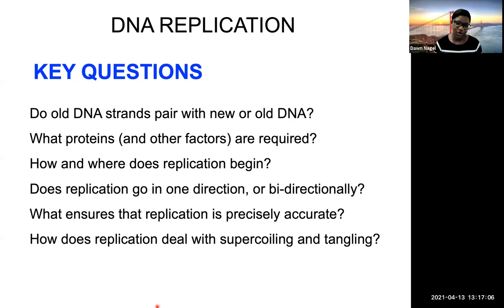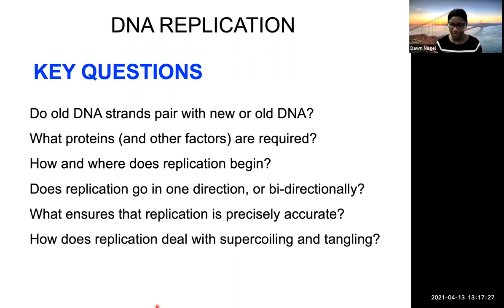Does replication go in one direction or both directions? You're using an enzyme and adding bases. How accurate is it? What are the chances of making a mistake, and how do you fix those mistakes?